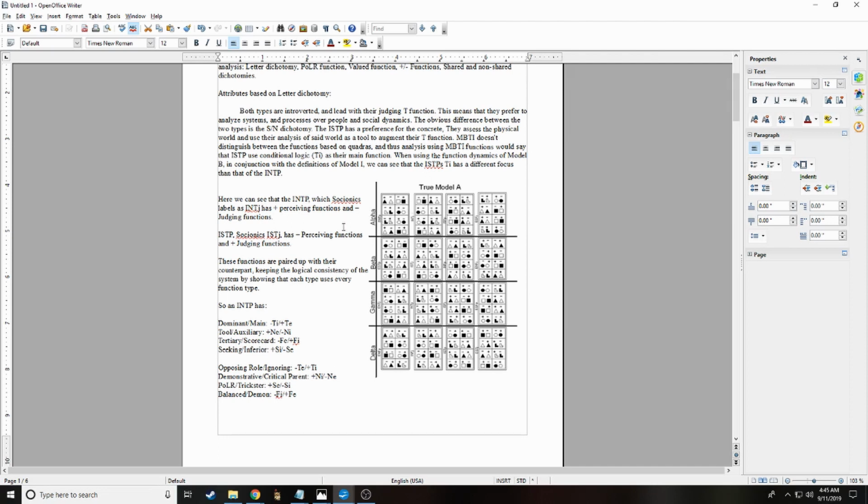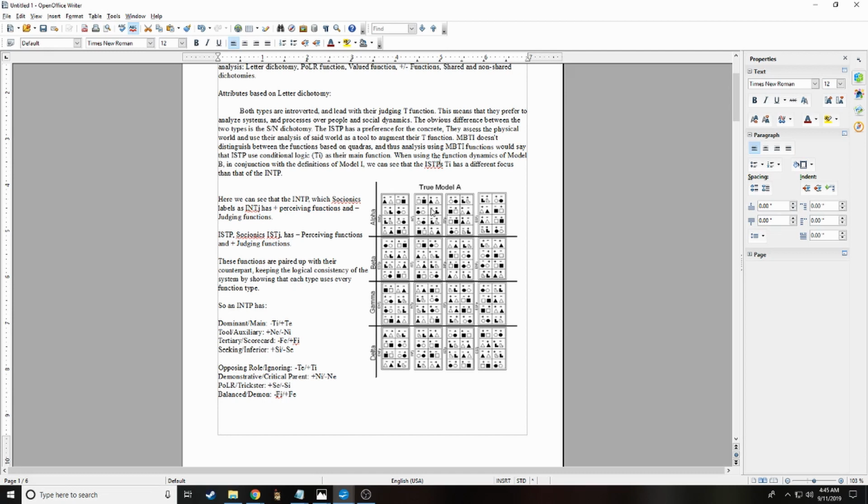All of the alpha quadra's perceiving functions are positive, they're superficial, and all of their judging functions are negative or not so superficial. Whereas with the beta quadra and the ISTP, all of their perceiving functions are negative, and all of their judging functions are positive or superficial.